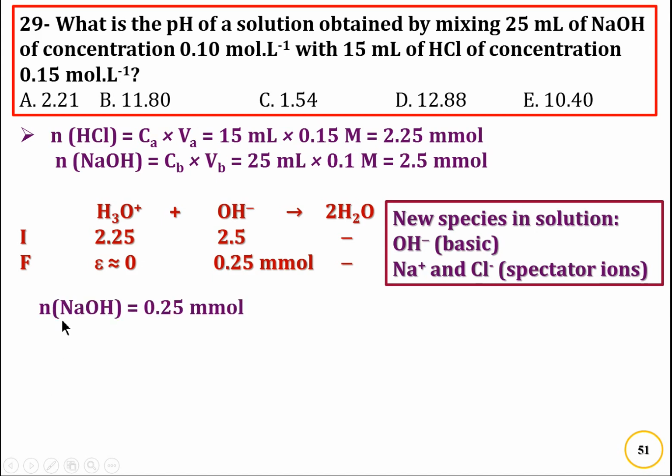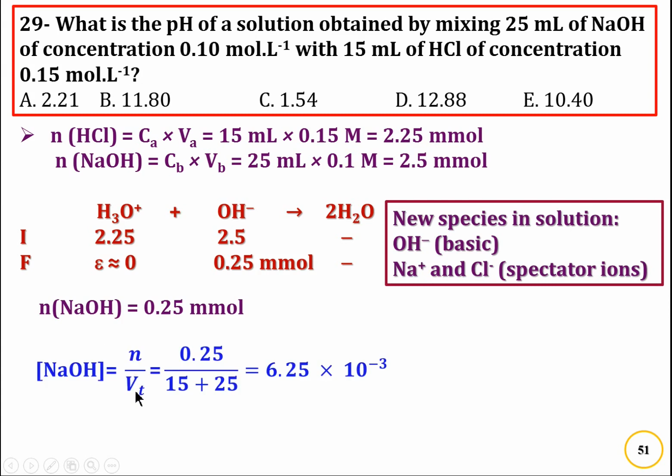So the number of mole of OH- in excess equals 0.25 millimole. The concentration of OH- equal the number of mole divided by V total equals 0.25 divided by 25 milliliter plus 15. Since n is in millimole, we can put V total in milliliter, so the concentration equal 6.25 times 10 to the power minus 3.